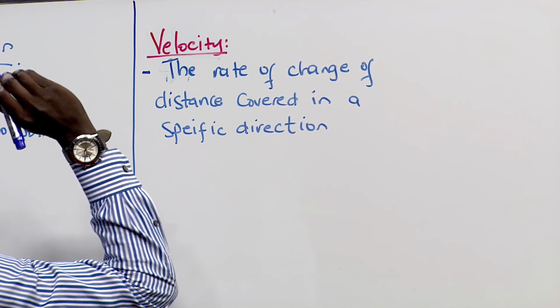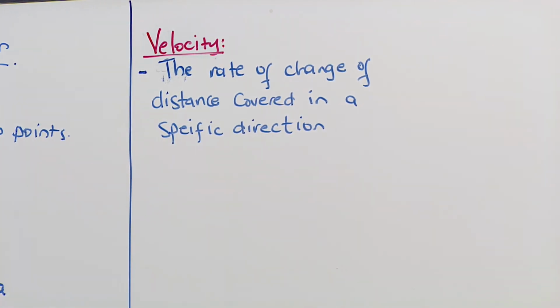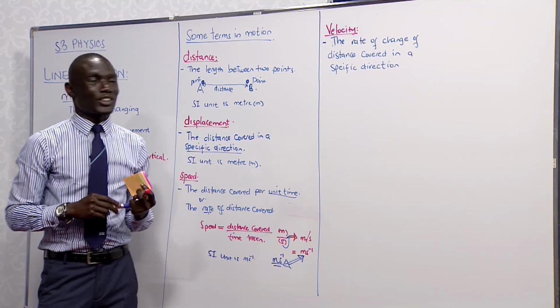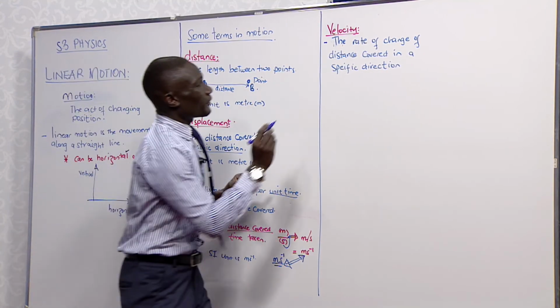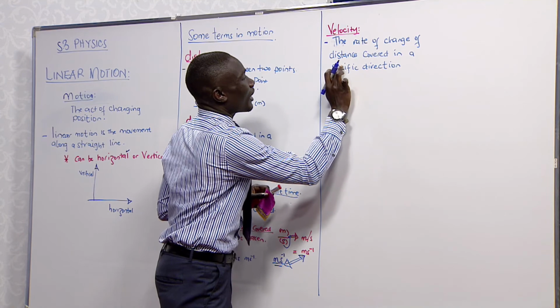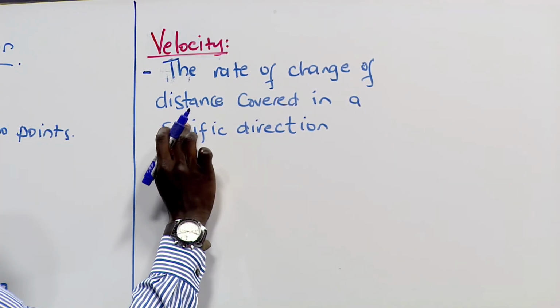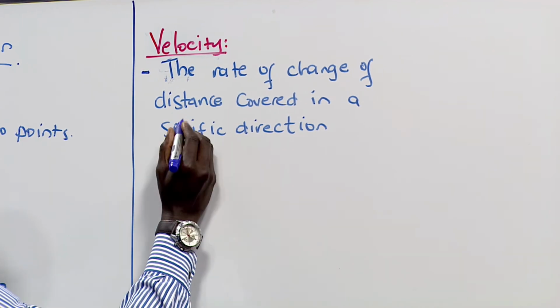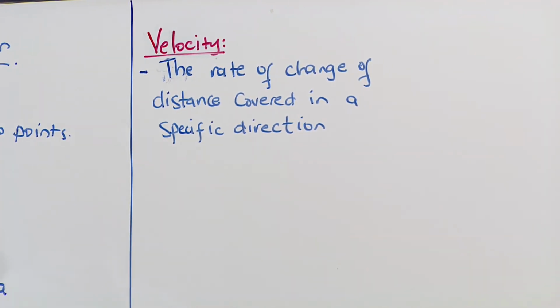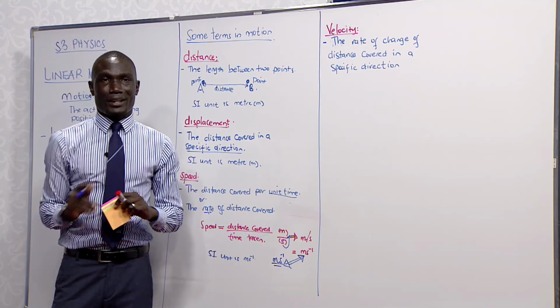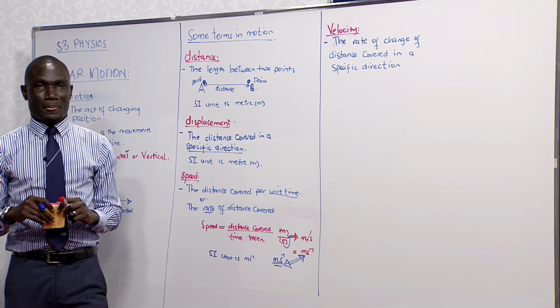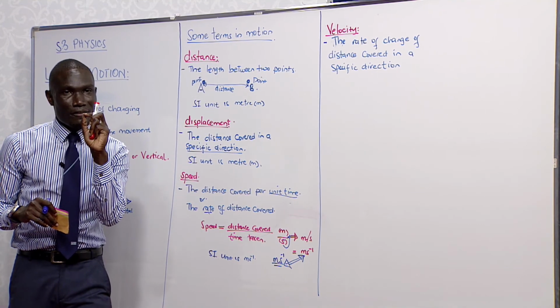Let's check our spelling of specific. There is a C in specific. The distance covered in a specific direction. That is how we define velocity.